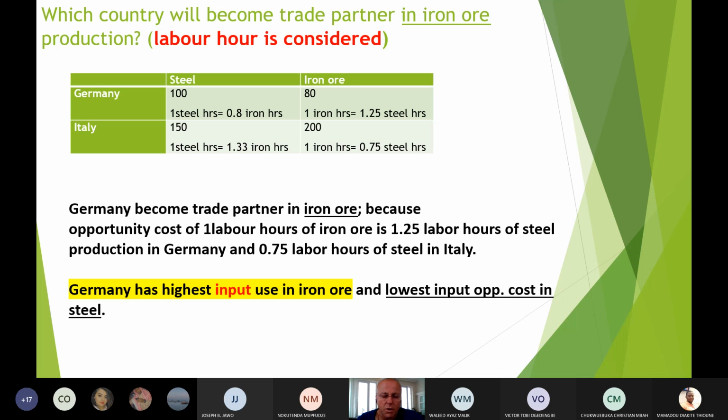This was the simplest introduction to the opportunity cost, for being able to understand that in normal conditions, when you are looking at the table, you observe Italy has more advantages in steel production and iron ore, but when you concentrate on the opportunity cost advantages, especially the input, you observe the highest comparison to each other of the countries' production and performance.